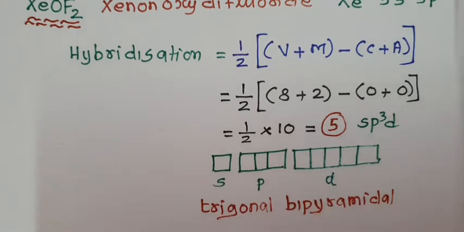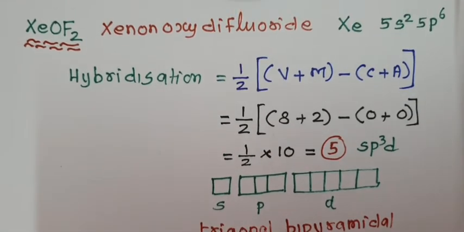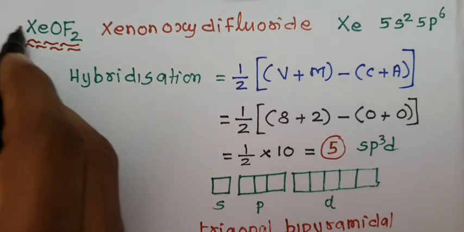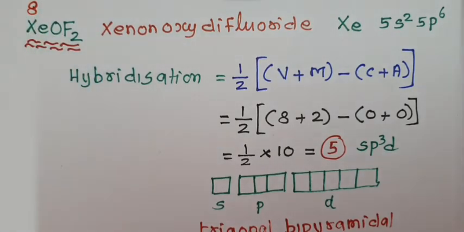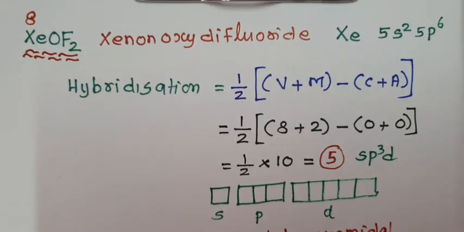Now we are going to calculate the number of lone pair and bond pair electrons present in xenon oxydifluoride. Listen carefully: xenon has 8 valence electrons. It forms bonds with oxygen and fluorine.